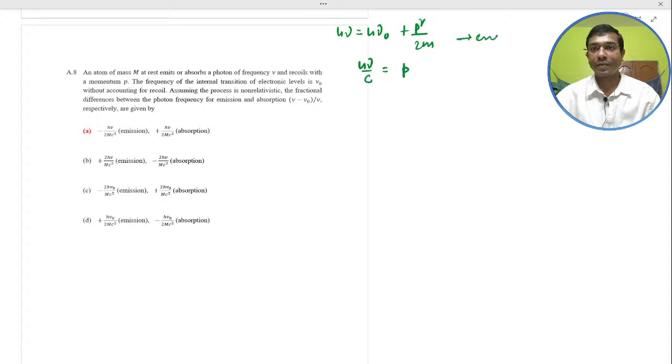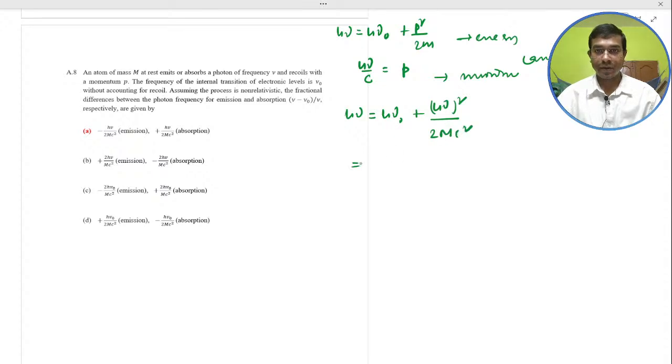So put this value: h nu equal to h nu naught plus p, meaning h nu, whole square divided by 2 mc square. That is equal to nu minus nu naught divided by nu, which is equal to minus h nu divided by 2 mc square.